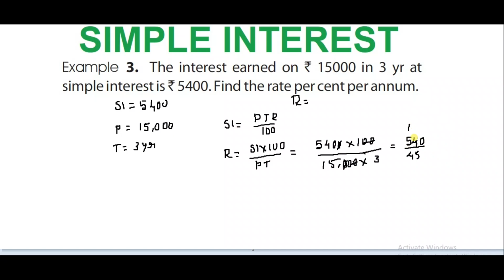Next 4 will not go in 5 table. So take 40. You are taking two numbers at a time, so keep 0. 5 8 is 40. Here 5 9 is 45. It is 108 by 9. Again cancel in 9 table. 9 1 is 9. Remainder 1. 9 2 is 18. So R equal to 12. Take rate of interest always in percentage. R equal to 12%.